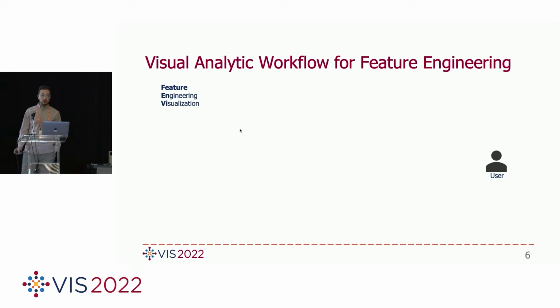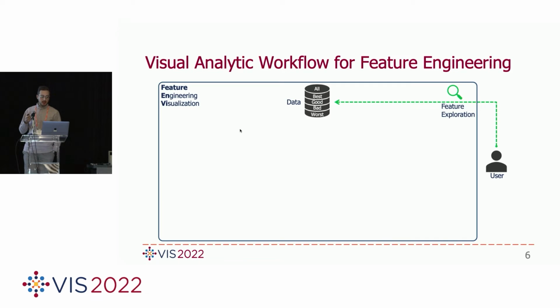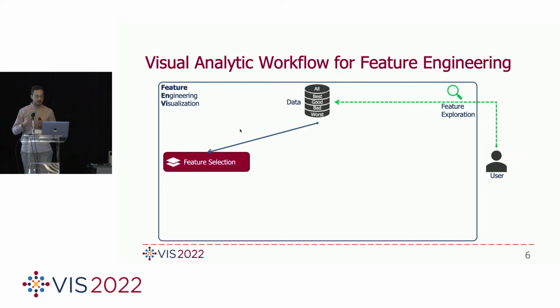Feature Envy adopts the following workflow. The initialization of the feature exploration after the user has split the data into 4 distinct slices sorted by predicted probabilities. The feature selection is a process with 5 automated techniques computed for the choice of features.